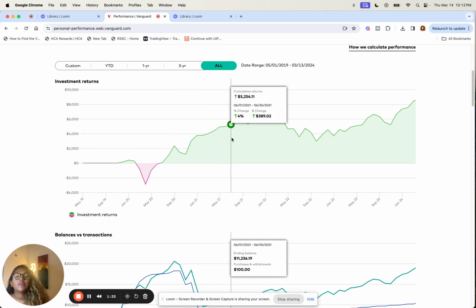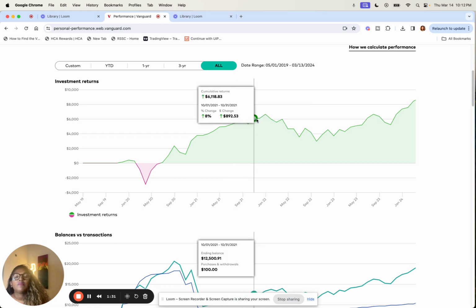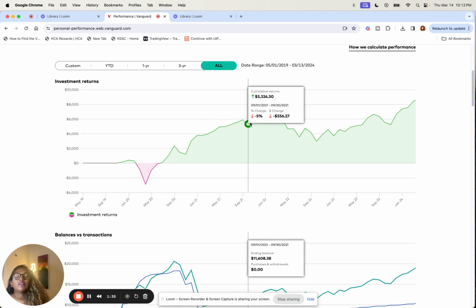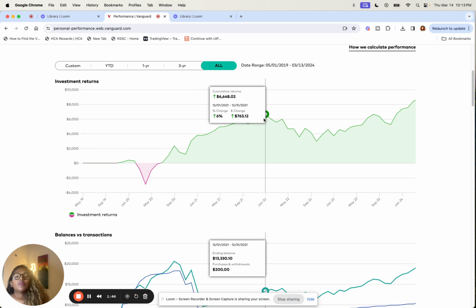The returns here are going up over time with a few dips in between. Right here, there's a dip of negative 5%, down $556, and then we see it go back up by 2021.